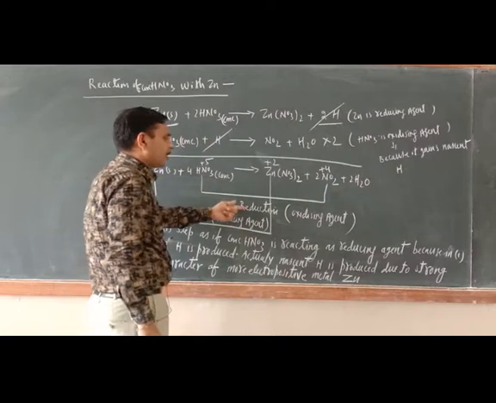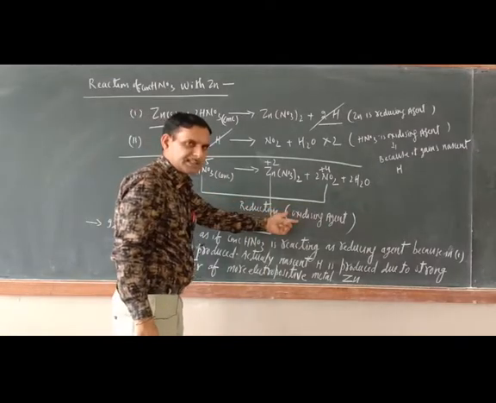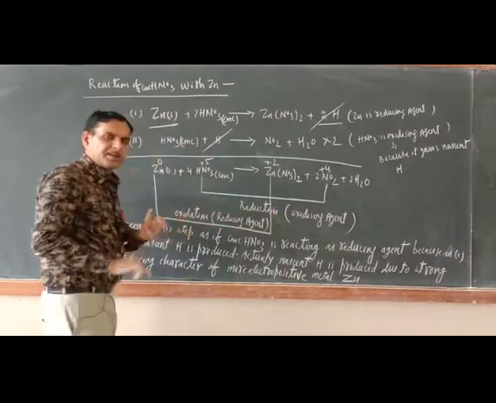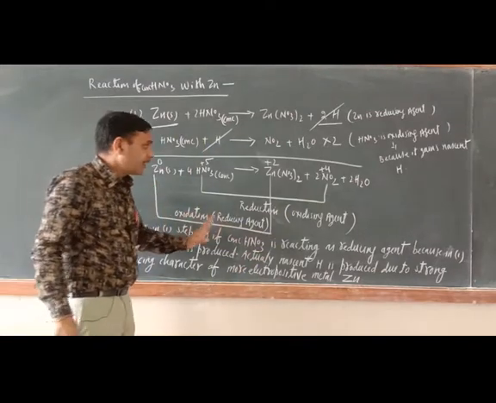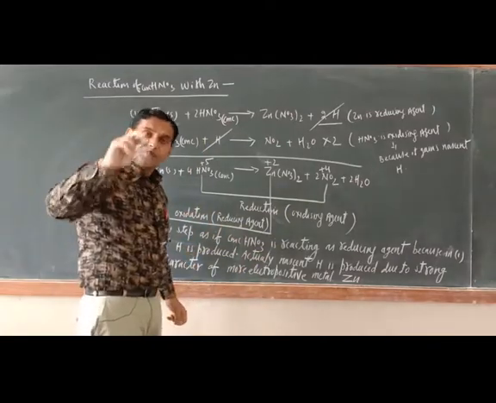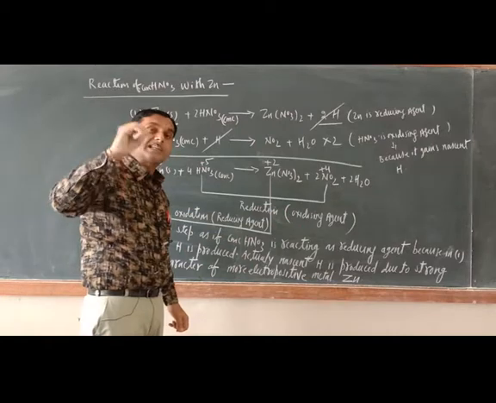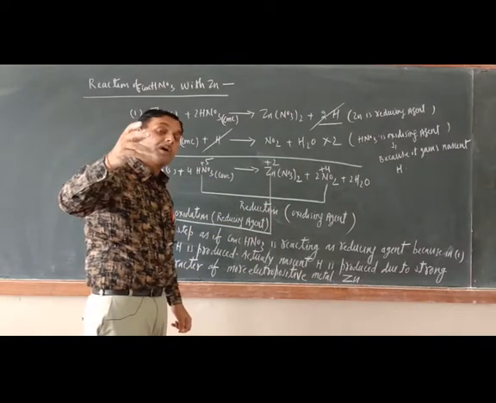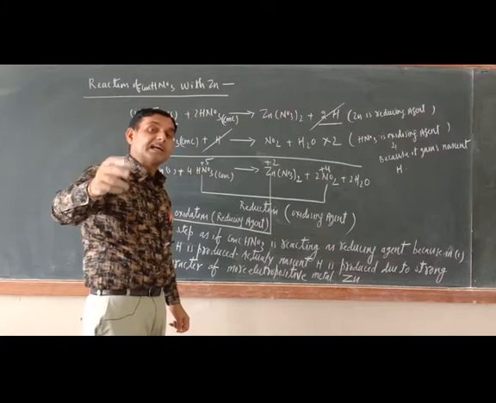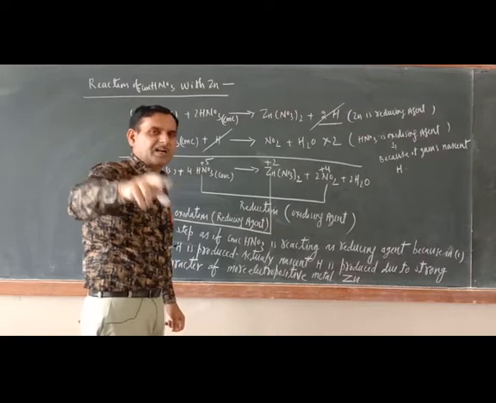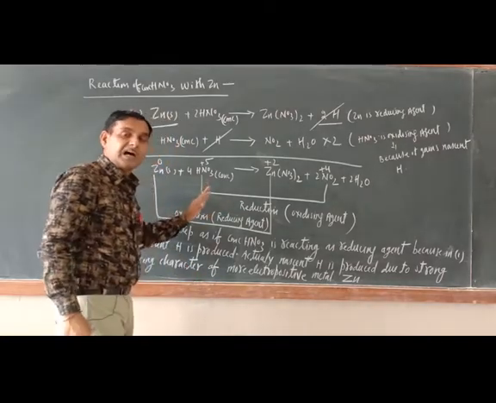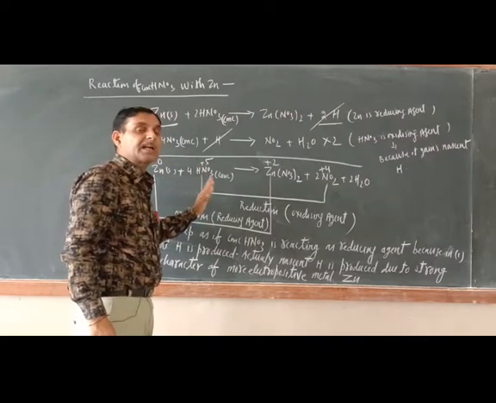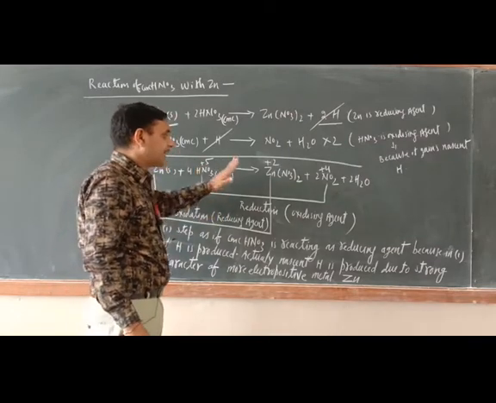So it is undergoing reduction, hence it is the oxidizing agent. So just remember, somewhere we have to follow the classical concept of oxidation and reduction, and somewhere the modern concept, that is the electronic concept, the oxidation number concept, to verify the oxidizing and reducing character, or oxidizing agent and reducing agent.